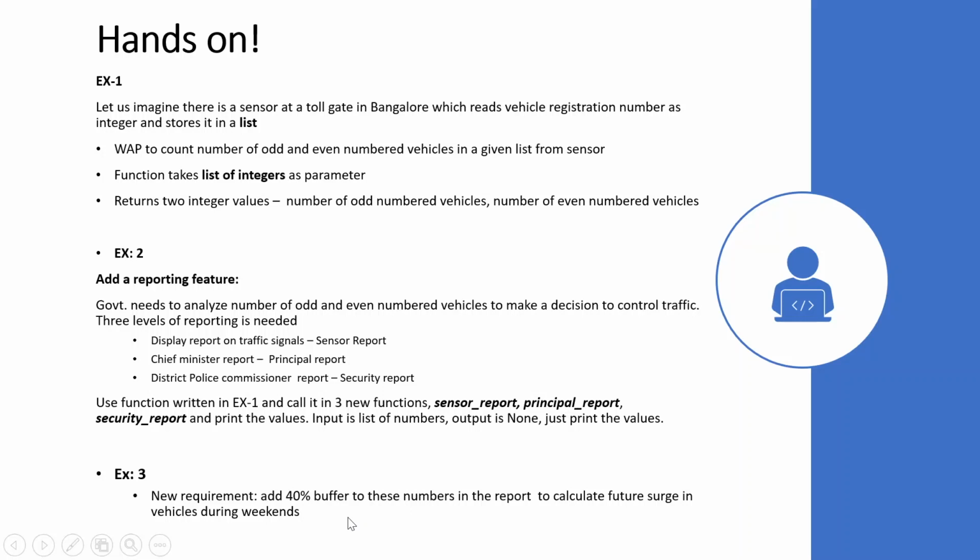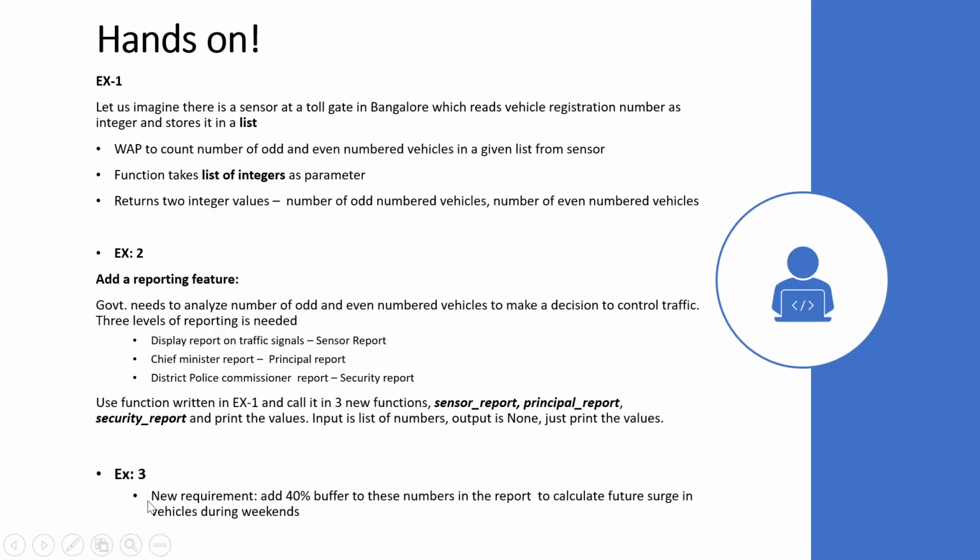By doing this exercise, you will have to use a for loop to loop through this list, and then use an if else condition to find out if it is an even or odd number. And third is what we learned today, functions. You need to write different functions and then call them.